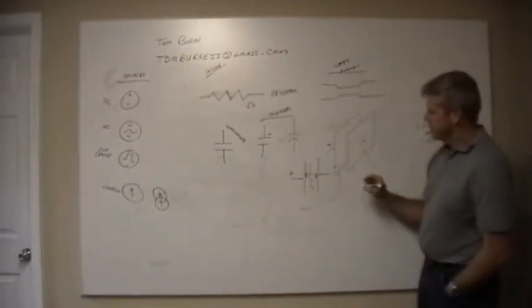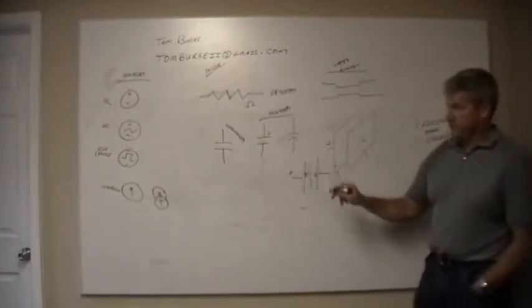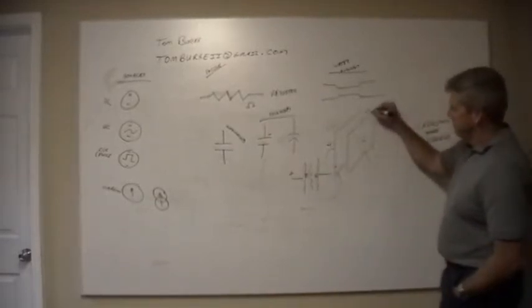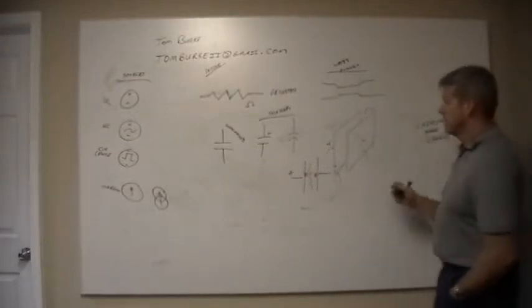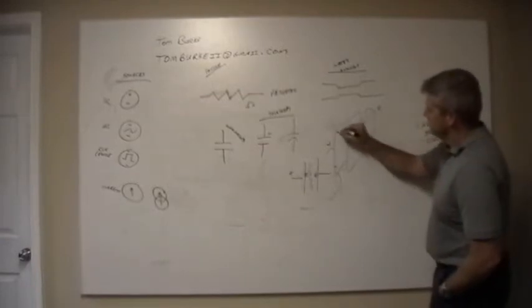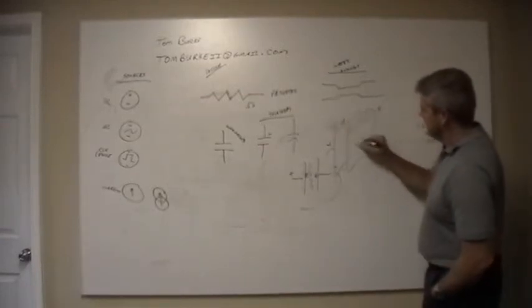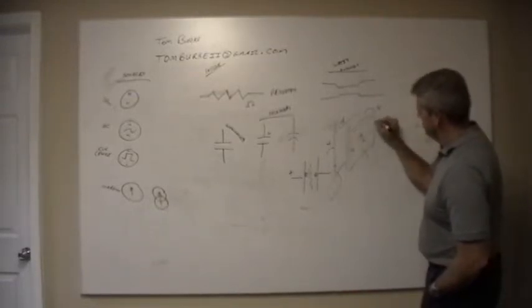The capacitance physically is there's a material in between that has a dielectric constant K, and you have a distance between the two plates D, and then you have an area of the plate that's height times width.